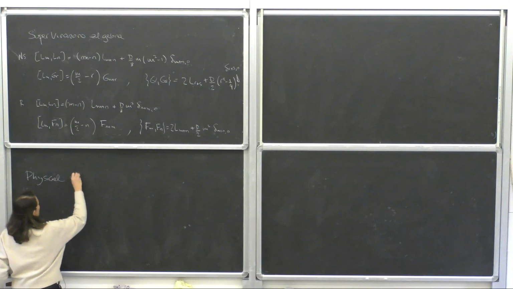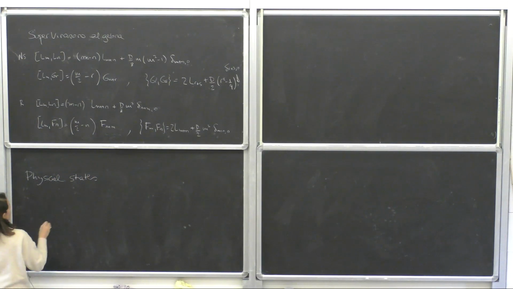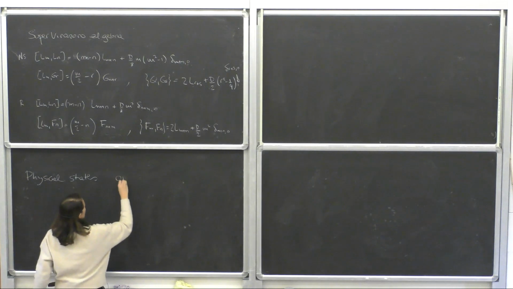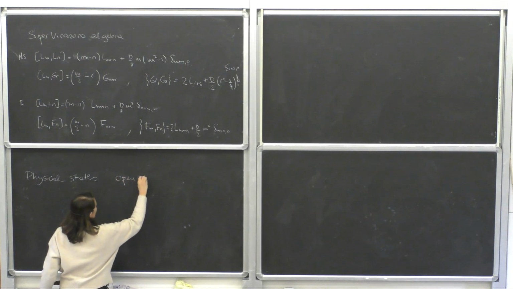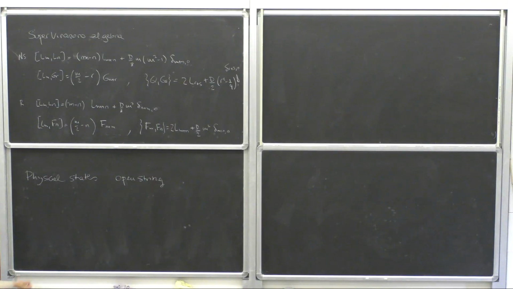Now, physical states. We'll start with the open string, and then the closed string is a tensor product of the two. We say how we build the states: we act with alphas and with b's or with d's, depending on whether you're in the Neveu-Schwarz or the Ramond sector.